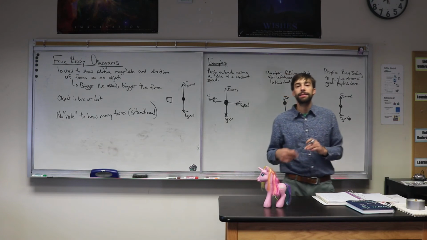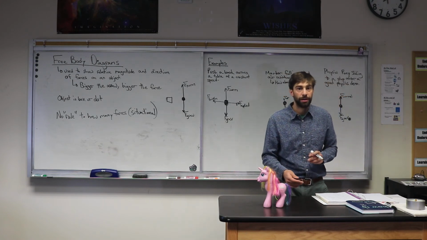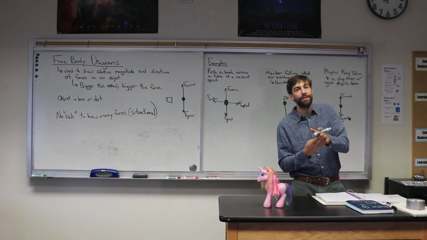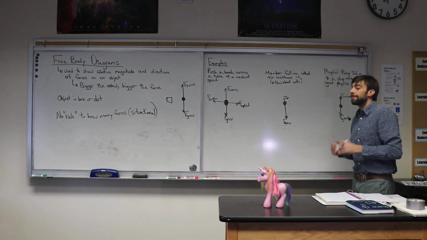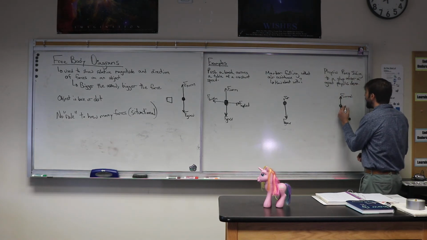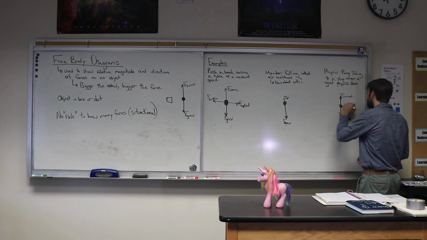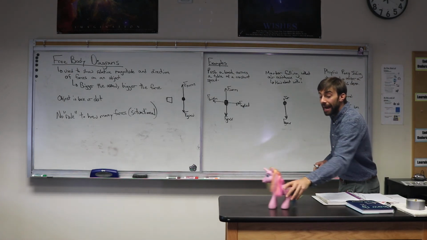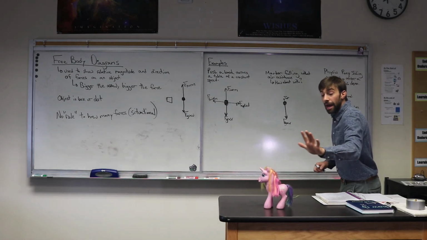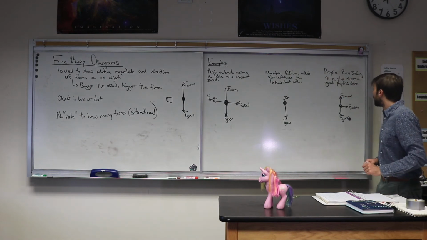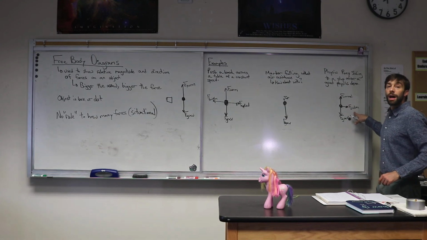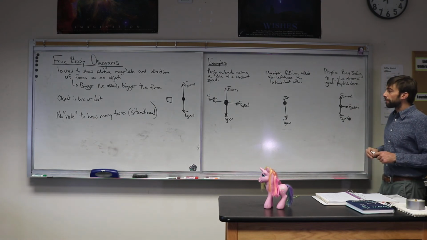And Physics Pony is slowing down because of friction, right? Physics Pony's little paws or hooves are rubbing on the table and causing Physics Pony to stop. And so we have an unbalanced force of friction. And once Physics Pony leaves my hand, I'm not touching Physics Pony anymore, and so Physics Pony will slow down because of this unbalanced force.